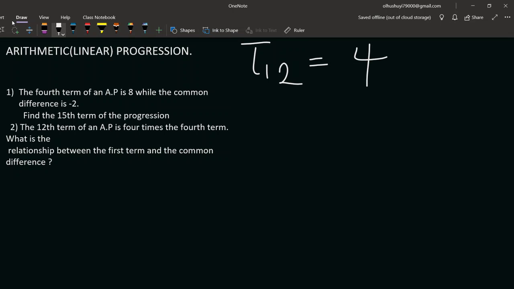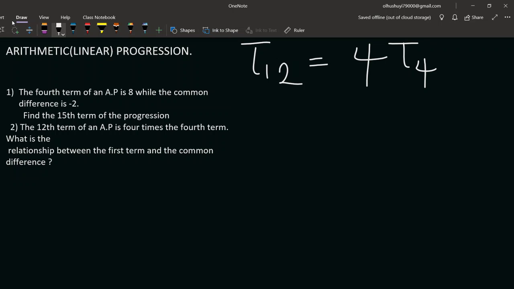T12 is equal to 4 times T4. Yes, it is 4 times the 4th term. What's the relationship between the first term and the common difference?